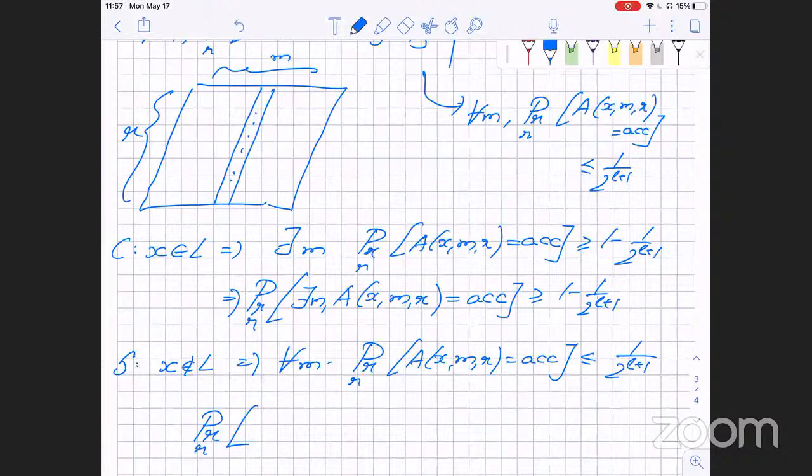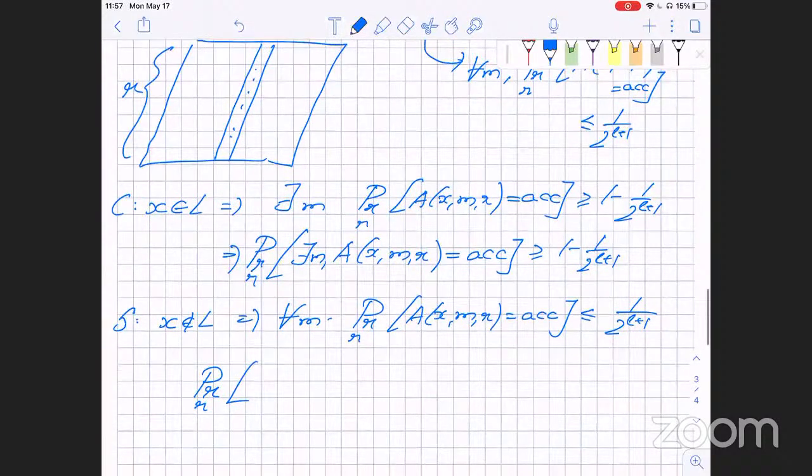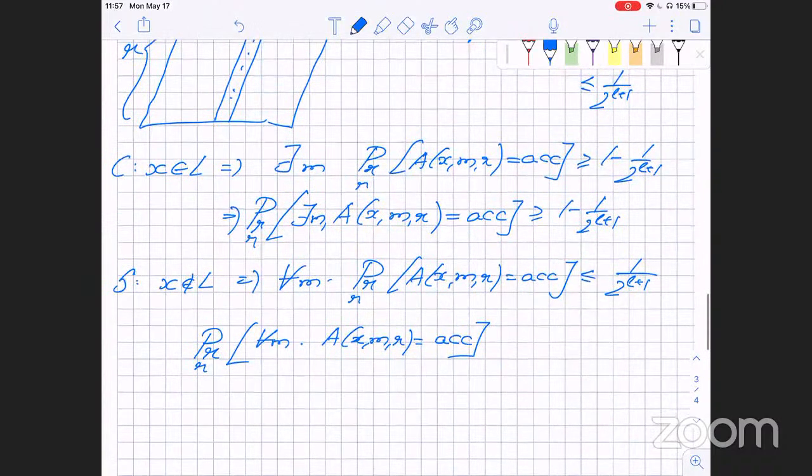With the soundness case, what happens? I want to say you amplify this. Now I want to ask, for all M, what's the probability that A(X, M, R) equals accept? We can write this as 1 minus the probability over R that there exists an M such that A(X, M, R) accepts.